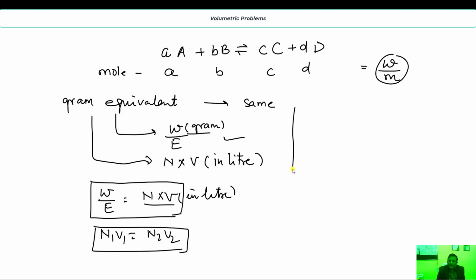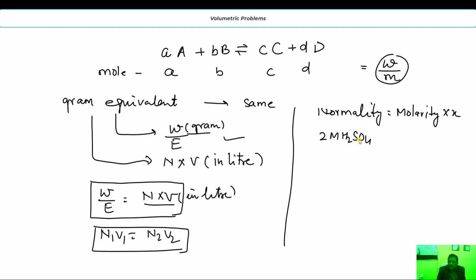Now, if molarity is given and we want to calculate normality, then simply write normality equals molarity into conversion factor X. Suppose 2M H2SO4, that means molarity is given as 2M.